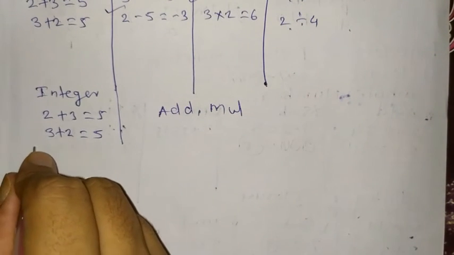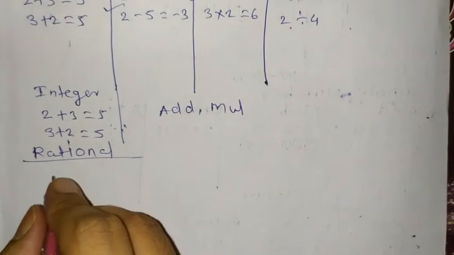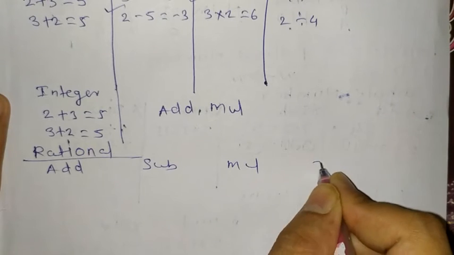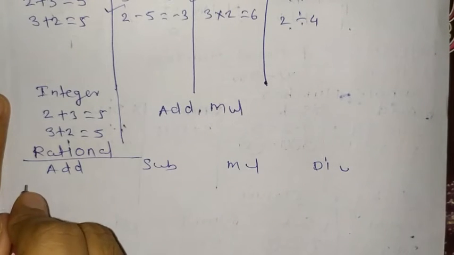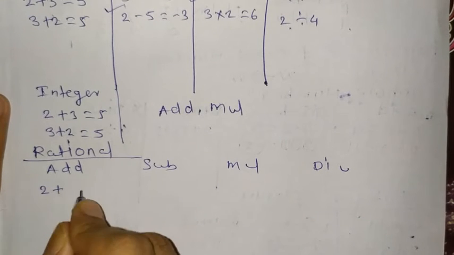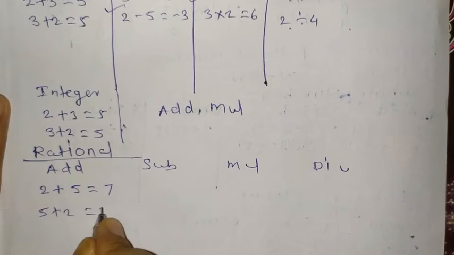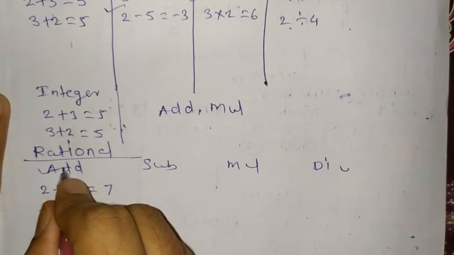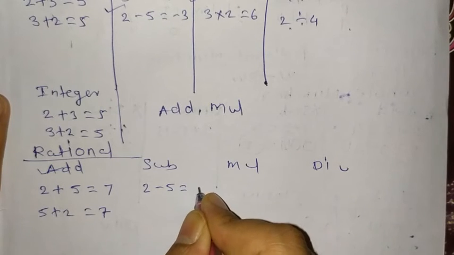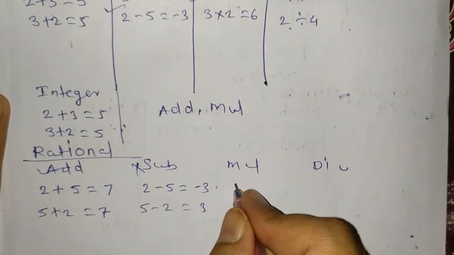Same procedure for rational numbers. If we do addition, subtraction, multiplication, division. For rational numbers, for making this video short, I am not taking complicated numbers, so I am using the same kind of numbers because 2 and 5 are also rational numbers. 5 plus 2 is 7. So it is satisfied, but as you know in subtraction, 2 minus 5 is minus 3, 5 minus 2 is 3, so it is not satisfied.